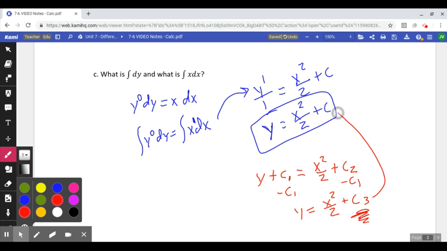We just usually write that down as c. So I guess you could say that those c's are there, but every time we're going to be able to subtract the c on the left or add, depending on what it is. And then we will wind up with just another constant on the right-hand side. So for these types of problems, you just want to work with one c on the right-hand side.